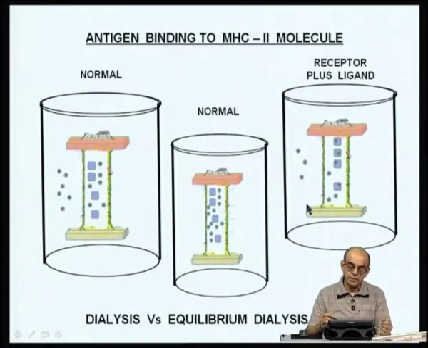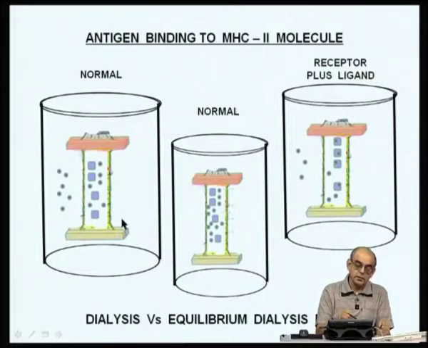One of these experiments was the equilibrium dialysis experiment, and you all know that a simple dialysis experiment involves the diffusion of low molecular weight substances from inside the dialysis bag to the outside. In fact, this is a method in protein enzymology, during the purification of proteins, where you want to exchange the buffers.